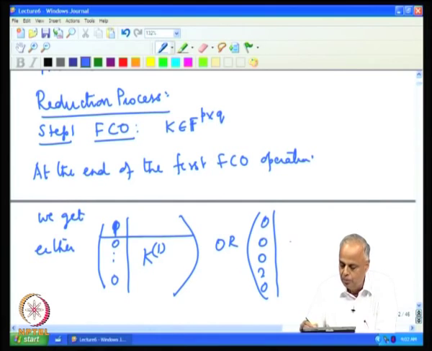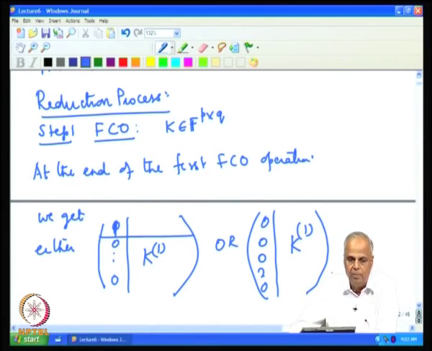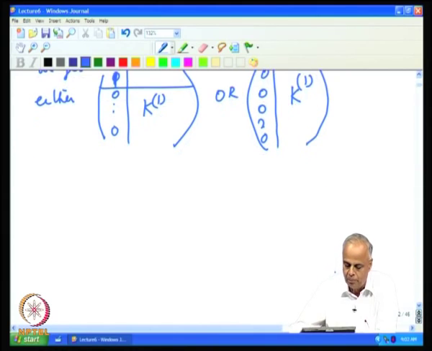In that case, we do nothing and we look at the submatrix we get by ignoring the first column. So, we get K1 having n minus 1 columns.